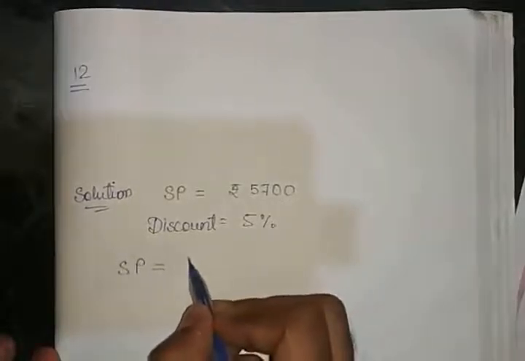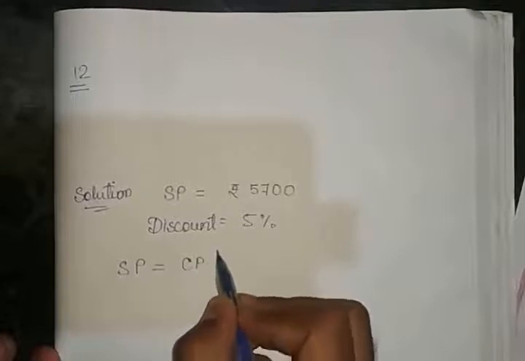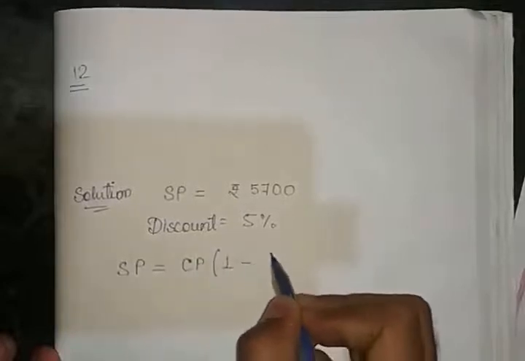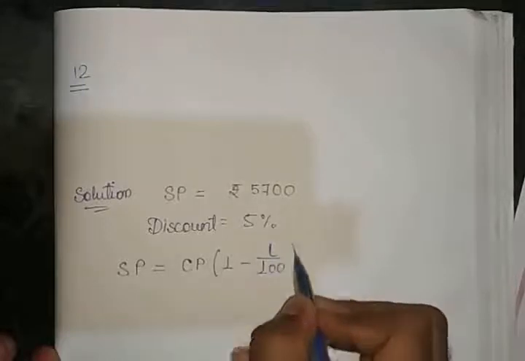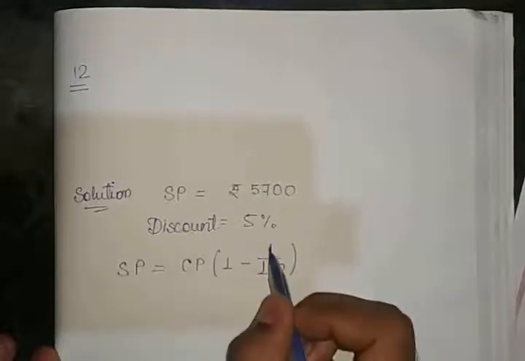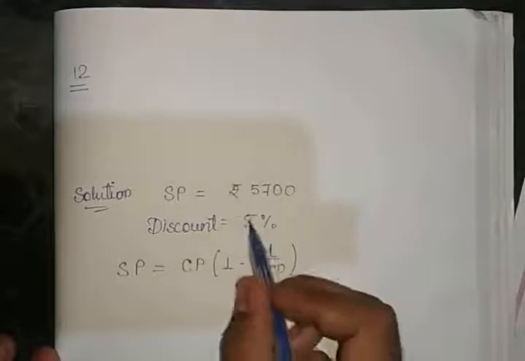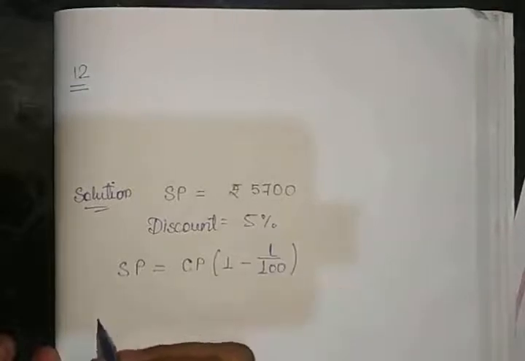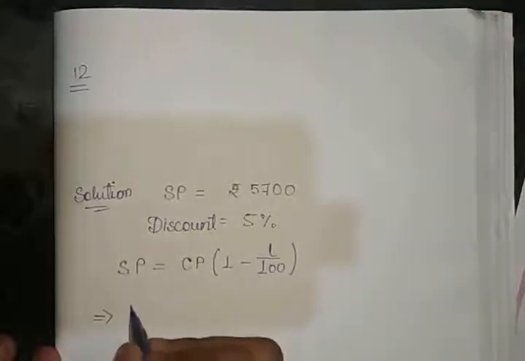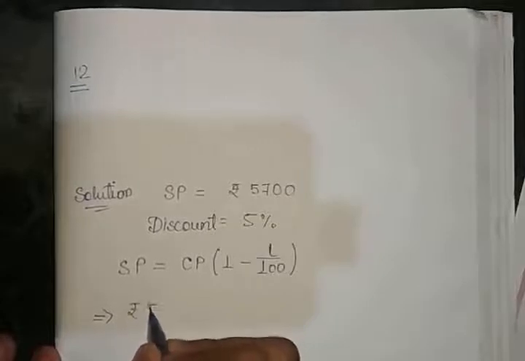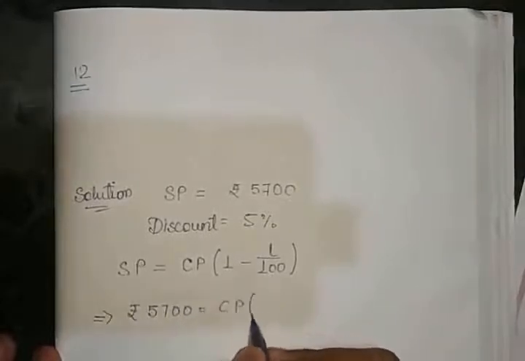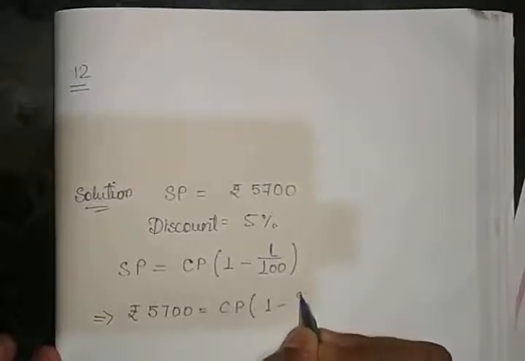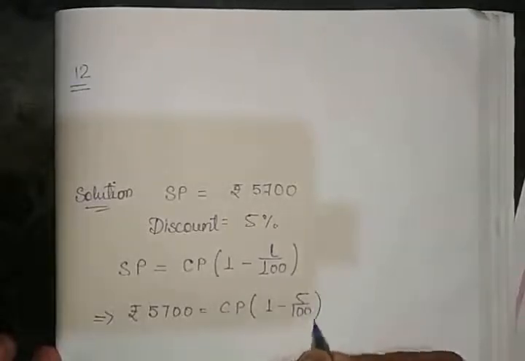We know selling price is equal to cost price into 1 minus L by 100. In case of this discount, our L is this 5. So 5,700 is equal to cost price into 1 minus 5 upon 100.